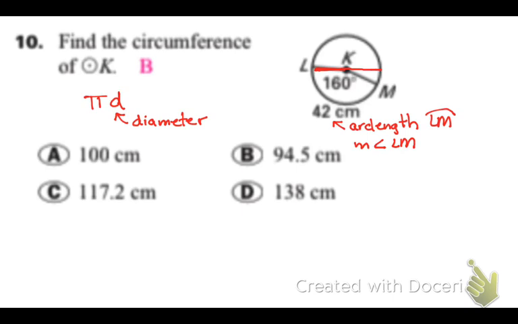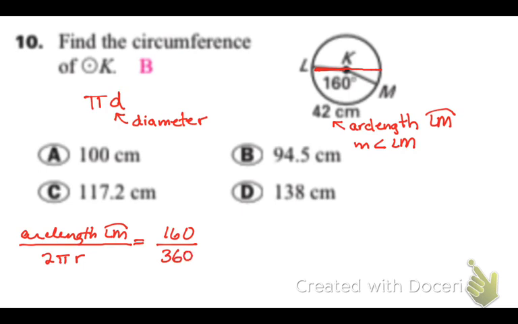So if we use arc length of LM divided by 2 pi times the radius, which is what we're looking for, is equal to 160 divided by 360. We cross multiply.